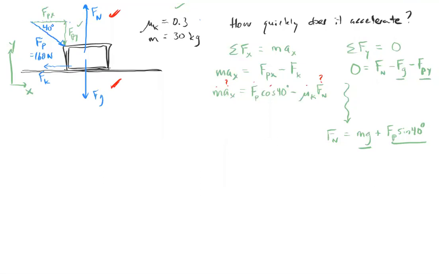We know all of those things, right? We know mass, we know what g is, just a constant. We know what this is, and of course we can calculate that. So we can get that number. We can substitute it in up here for F sub n. We can divide everything by m, okay, to get acceleration by itself.